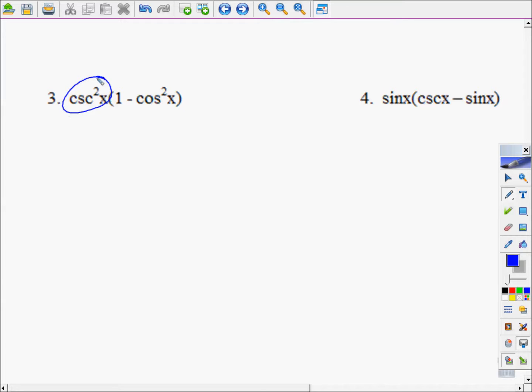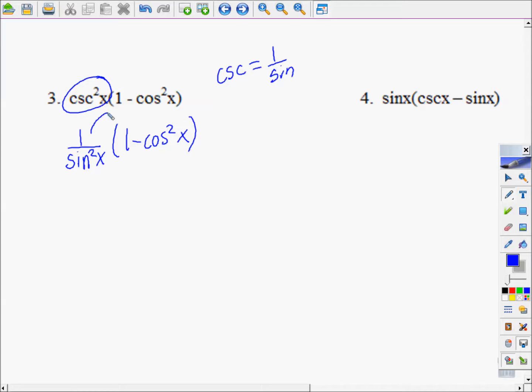It's not cosine. Remember, cosecant equals 1 over sine. That's 1 cosecant. How many cosecants do I have now? 2. So this would become 1 over sine squared x. Does that make sense? Okay, remember we can manipulate the identities to fit our problem.